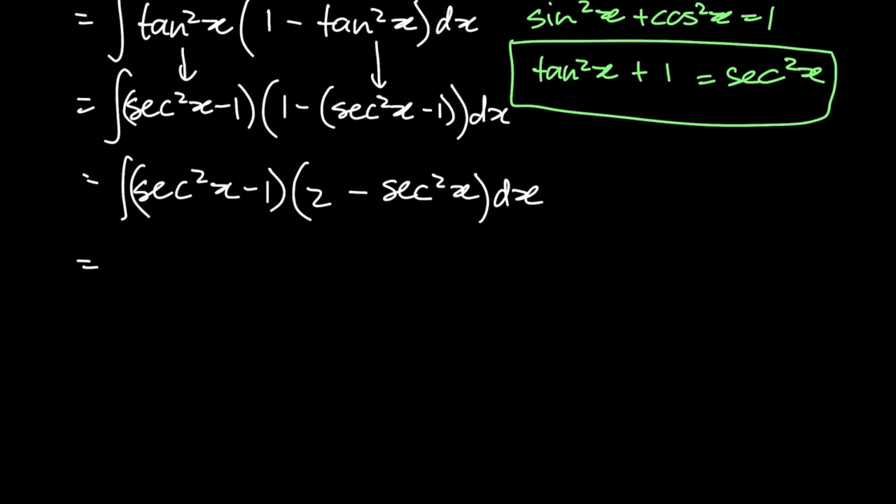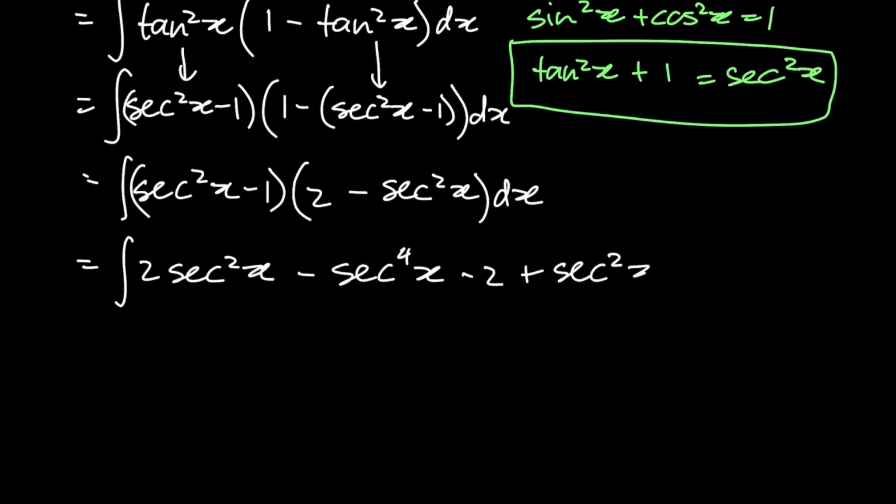So secant squared of x times 2 is 2 secant squared of x, and then secant squared of x times negative secant squared of x is minus secant to the 4th power of x, and minus 1 times 2 is negative 2, and minus 1 times secant squared of x is plus secant squared of x.